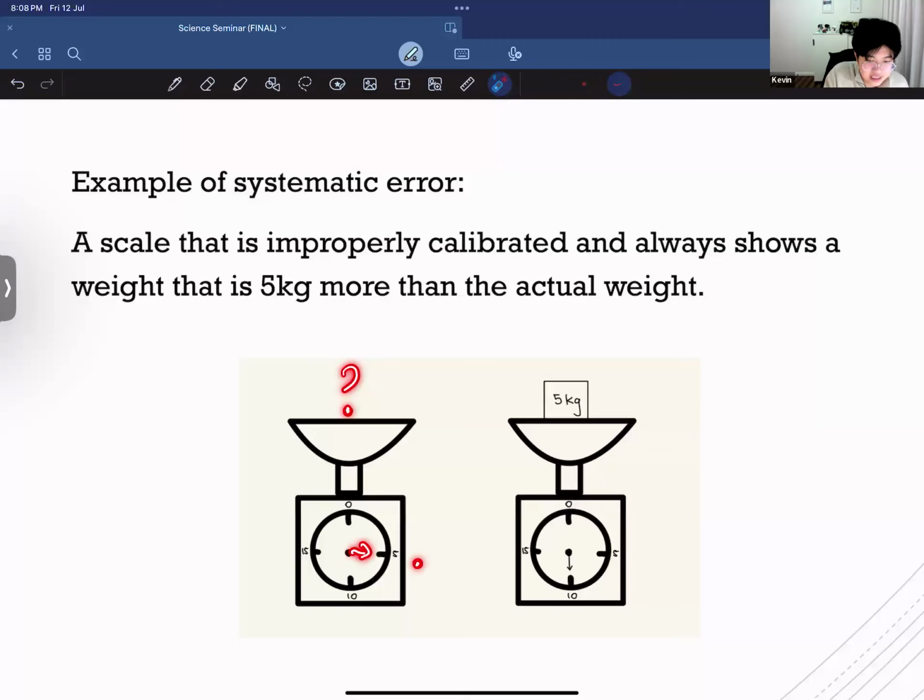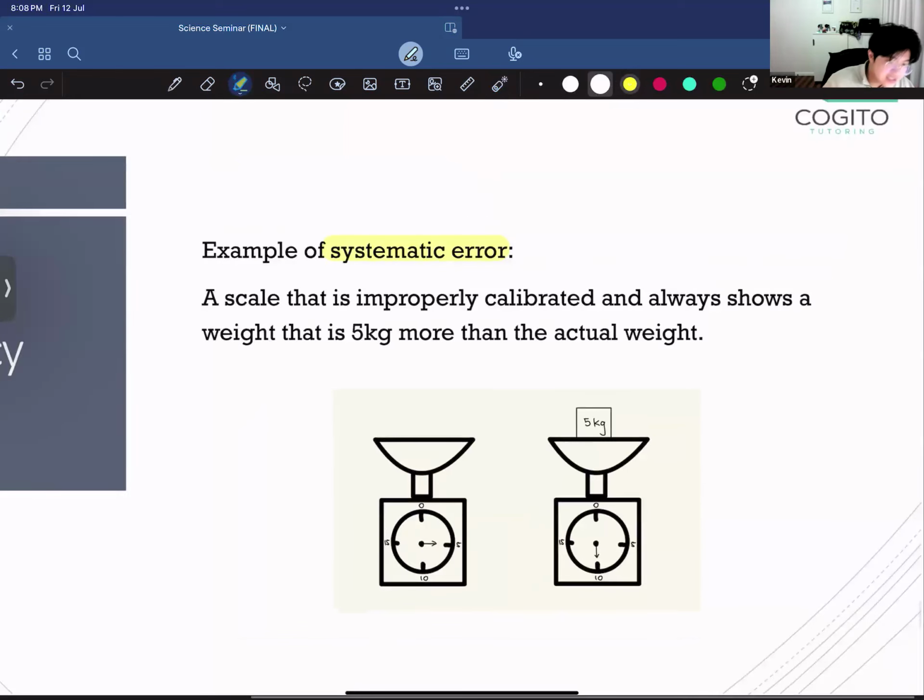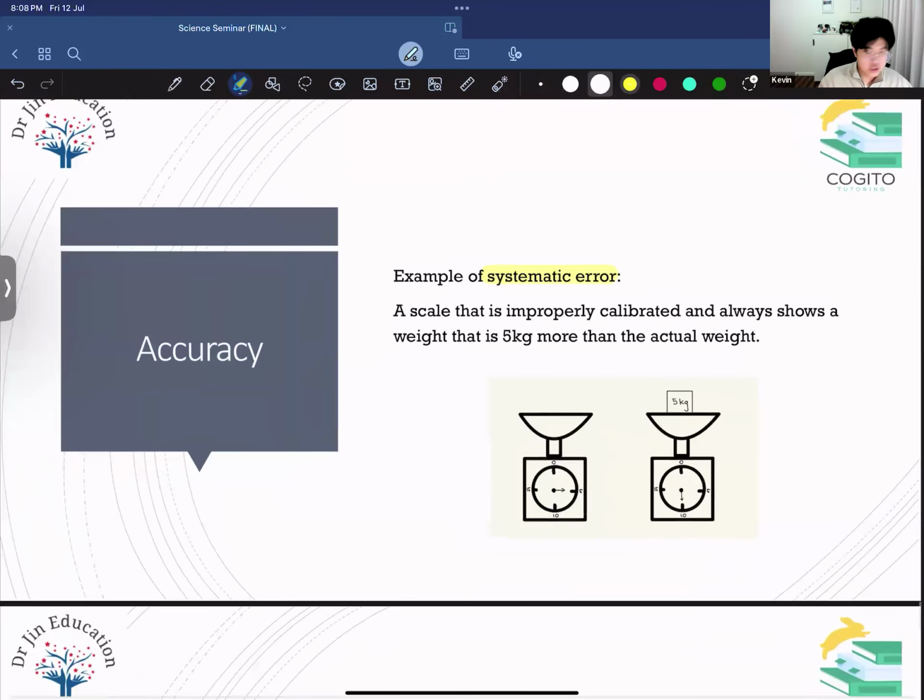So this scale is not calibrated. So the next time I actually measure something which is 5 kilograms, what's it pointing at? 10. So regardless of what you measure, it's always going to be 5 kilograms more. That's going to be a systematic error because it's always the same number off. Does that make sense? Good.